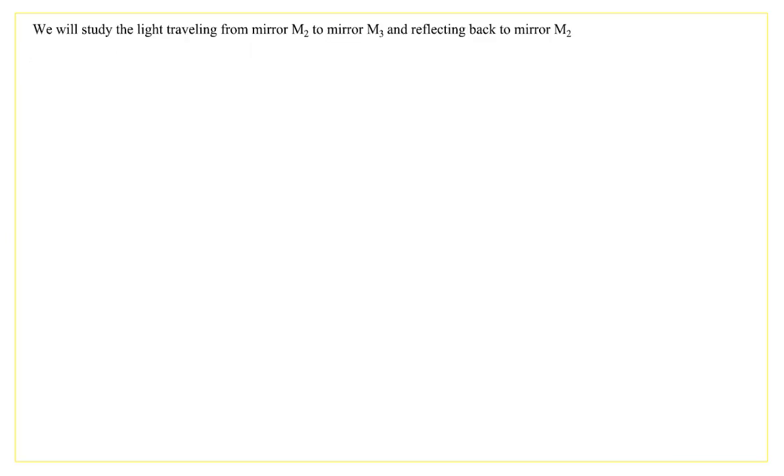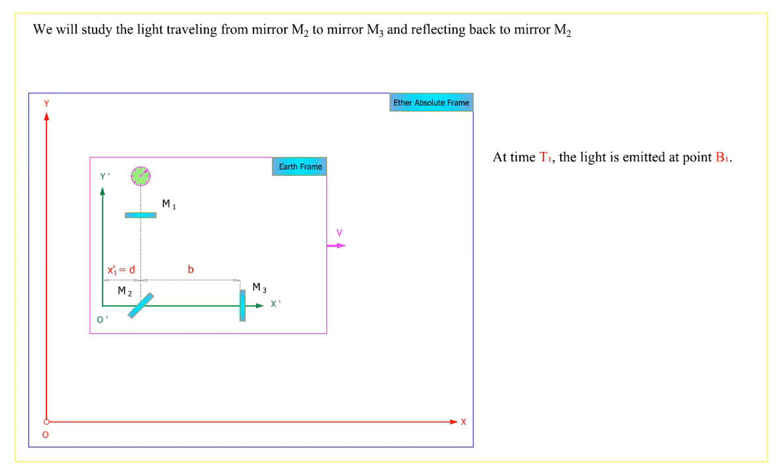We will study the light traveling from mirror M2 to mirror M3 and reflecting back to mirror M2. At time t1, the light is emitted at point B1. The relation between space and time at that point is x1 equals x1 prime plus v t1 equals d plus v t1.